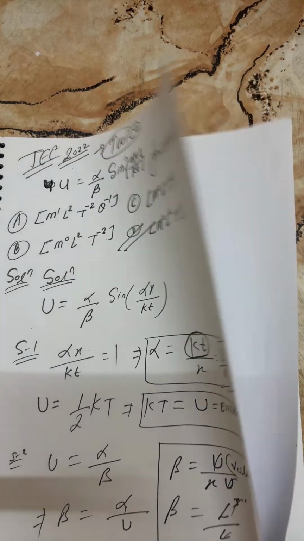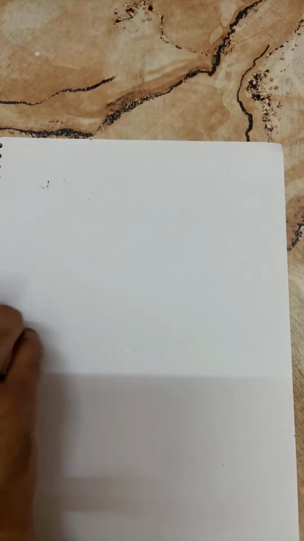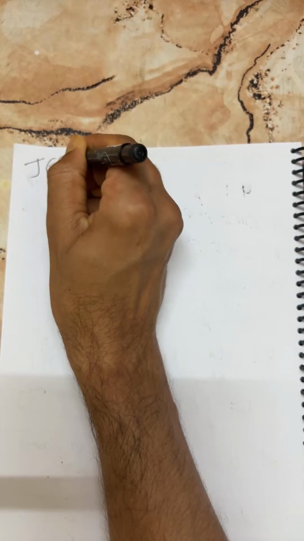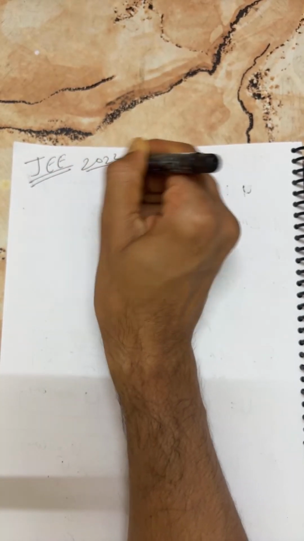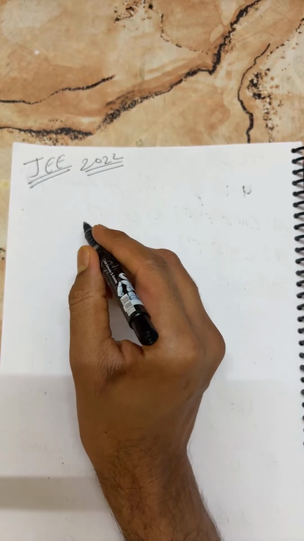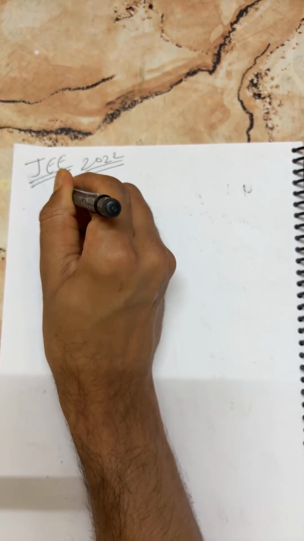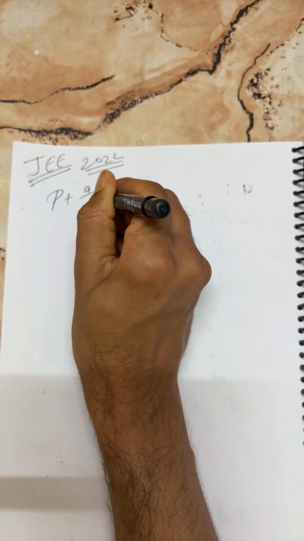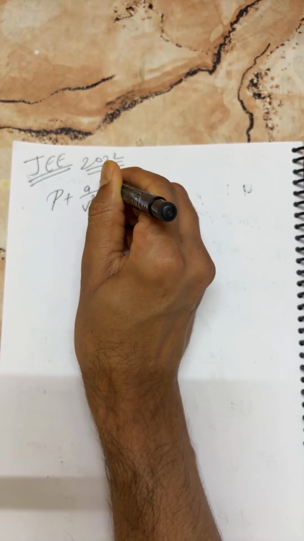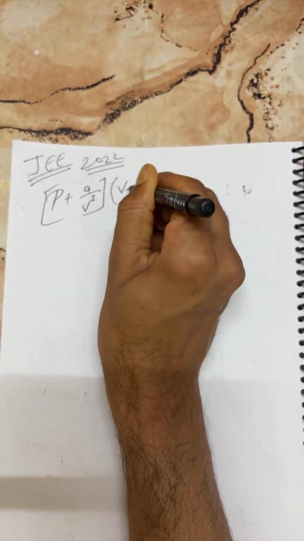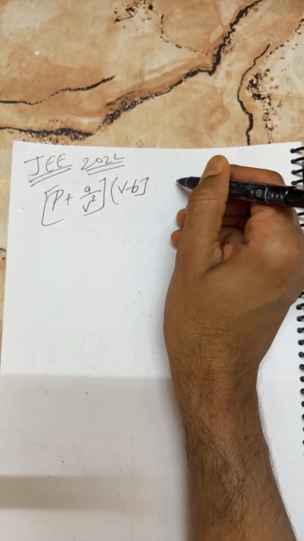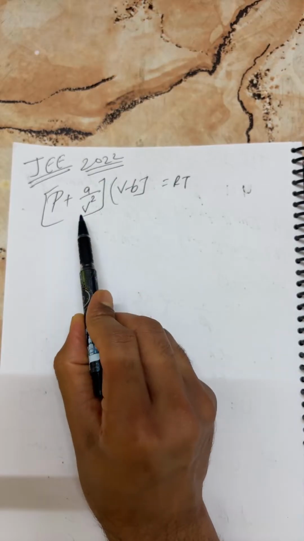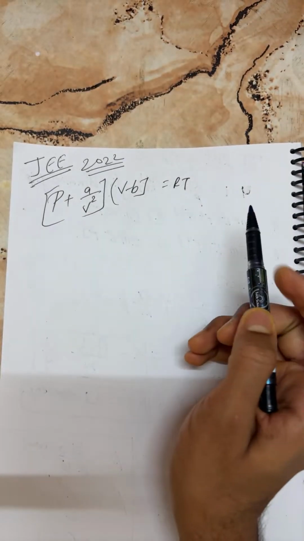This is JEE 2022 again, students. We know the van der Waals equation: P plus A by V squared, times V minus B, is equal to RT, where P is pressure, V is volume, and T is temperature.